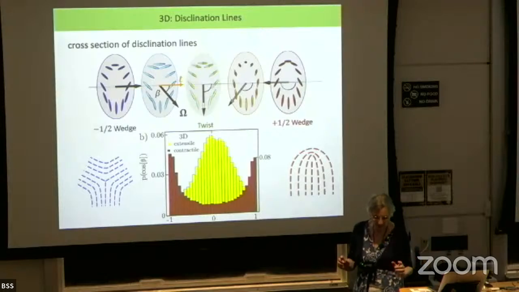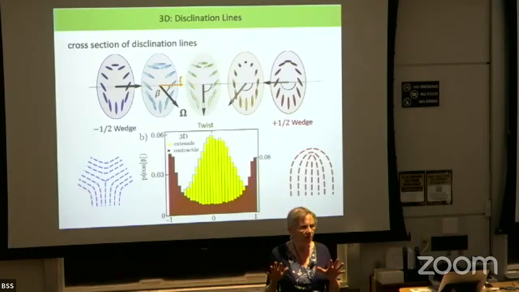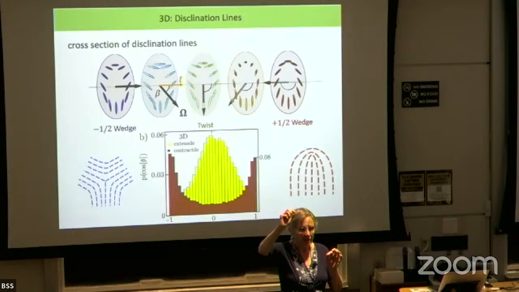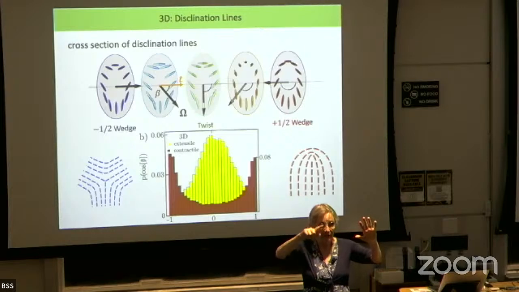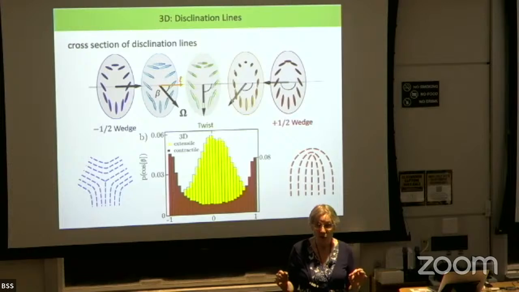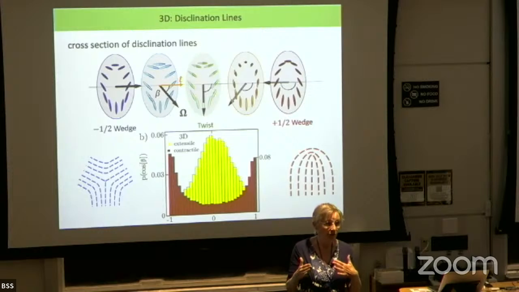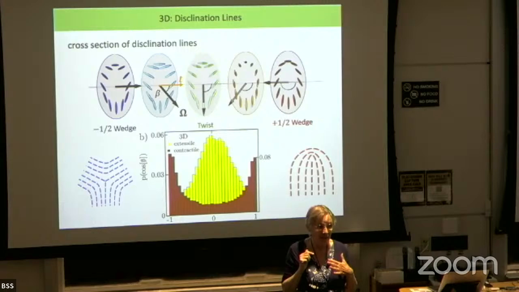They've looked at an active system in 2 dimensions, and they've plotted out the lines where the vorticity is equal to the strain flow, so omega equals E. You get this picture of lines evolving in time, and what they say is that the +1/2 defects follow these lines very accurately in simulations.